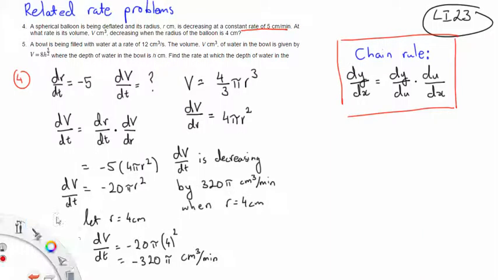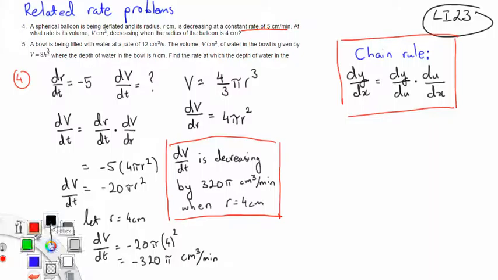So notice that by answering a worded problem with a worded answer, we avoid any ambiguity, we avoid anything that's unclear. Because the question is, at what rate is its volume decreasing when the radius of the balloon is 4 centimeters? dV/dt is decreasing by 320 pi centimeters cubed per minute when r equals 4.